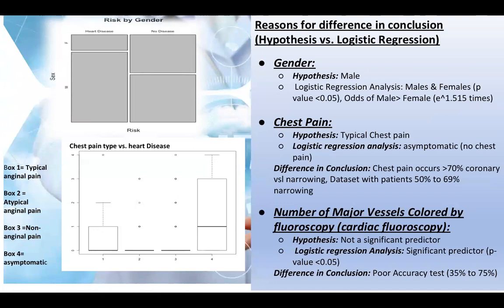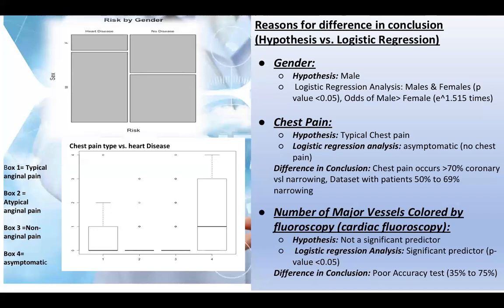In the same scenario, we also hypothesized that typical chest pain is a significant predictor, while as per logistic regression analysis, asymptomatic patients are significantly associated. This difference in conclusion is due to the fact that patients don't develop chest pain until the coronary arteries are narrowed at 70% or more.